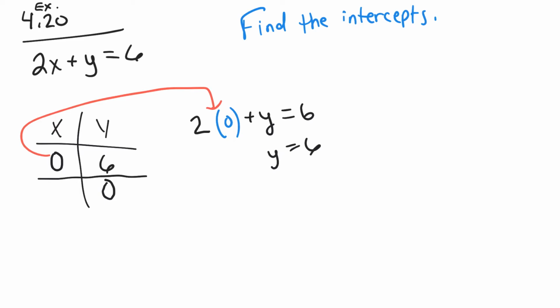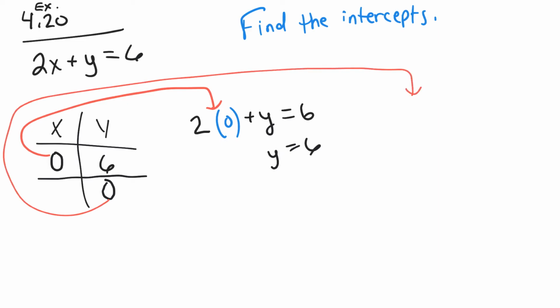If I then go back and take this 0 and plug it in for y, so I've got 2x plus 0 equals 6, then that just means 2x equals 6.